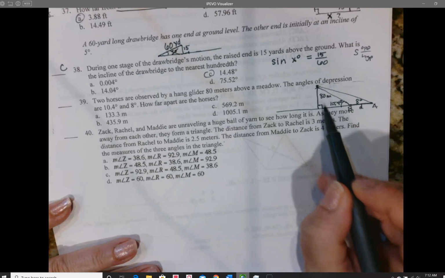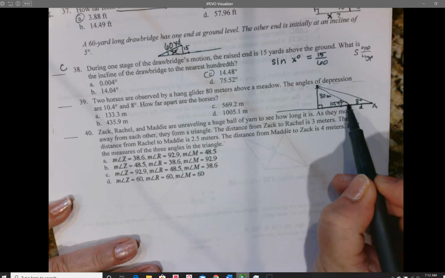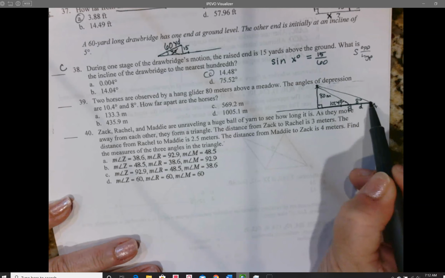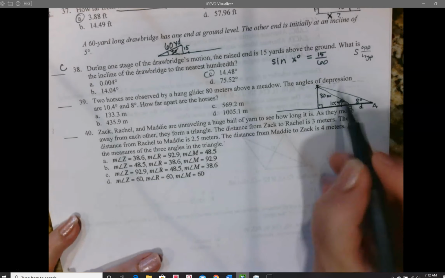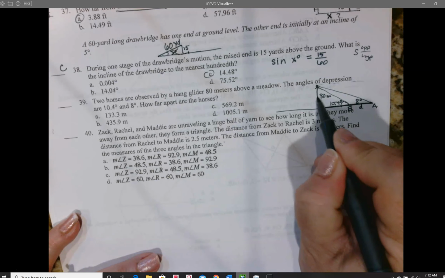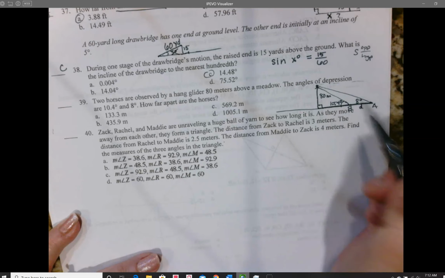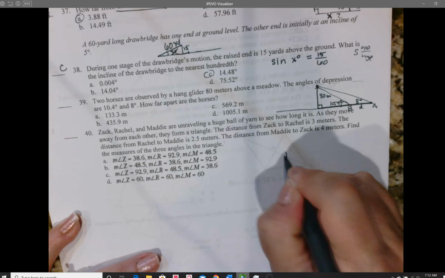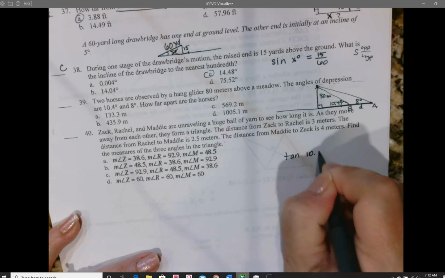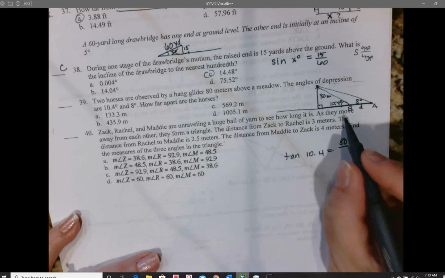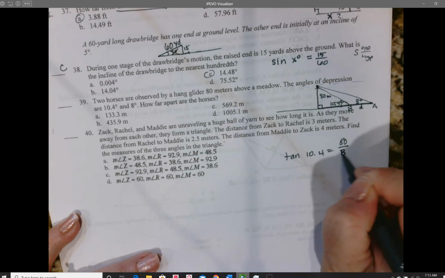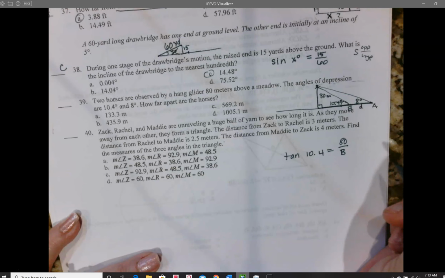So I'm going to find out how long is this line segment and how long is this side of a triangle by using trig ratios. So I know my opposite and I don't know my adjacent. So I'm going to say tangent of 10.4 is 80 over, I'll call that B, for that's where horse B is.